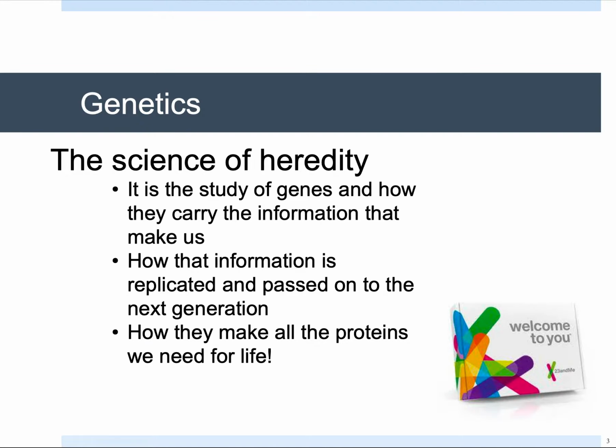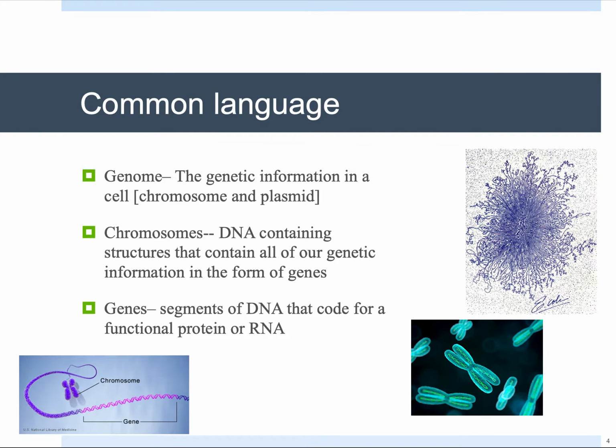Genetics is the study of genes and how information is stored and transferred from one generation to the next generation, and how proteins are made as well. There are certain terminologies that we generally use in genetics, and we have genome, which is the genetic information in a cell.